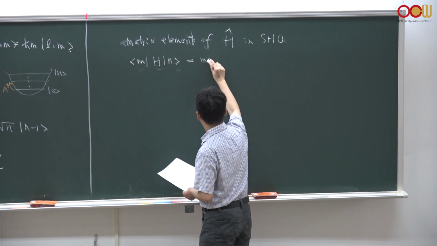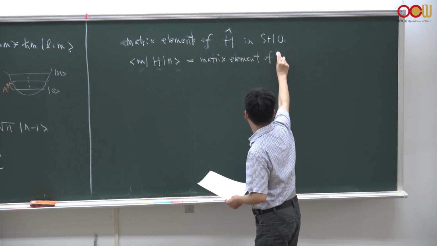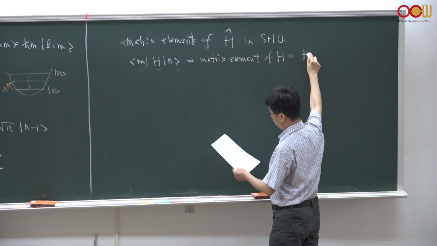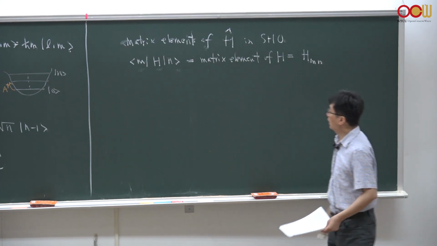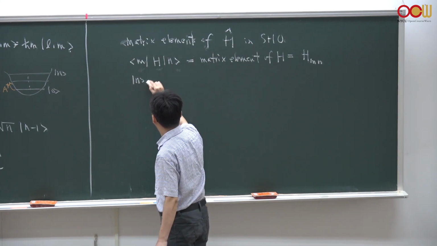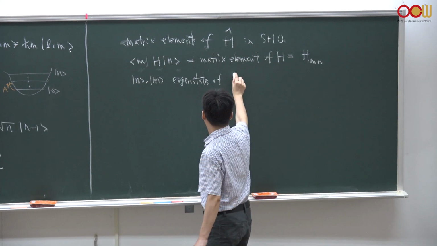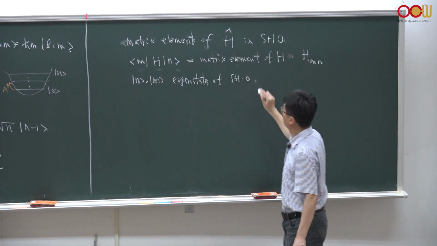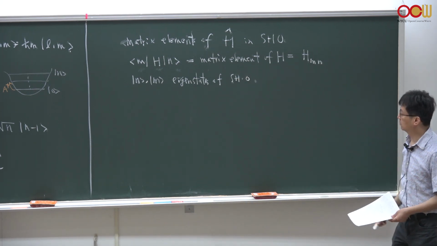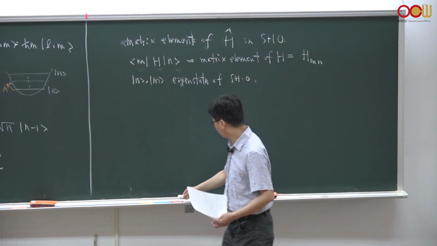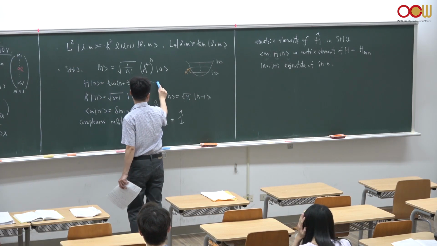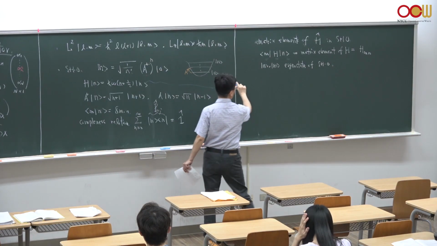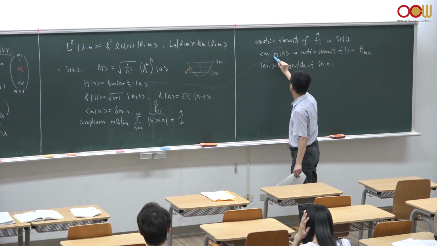So this is the matrix element of H, which I call H_mn. Suppose this m and n are eigenstates of the harmonic oscillator, and it is easy because you can simply use this eigenvalue relation right here. So you could simply plug in here.